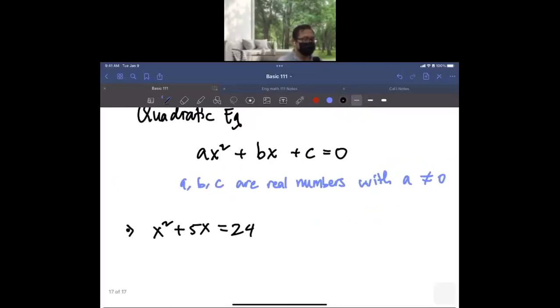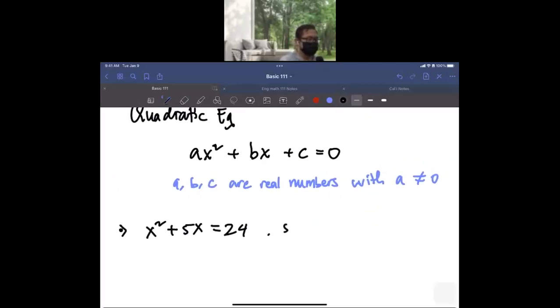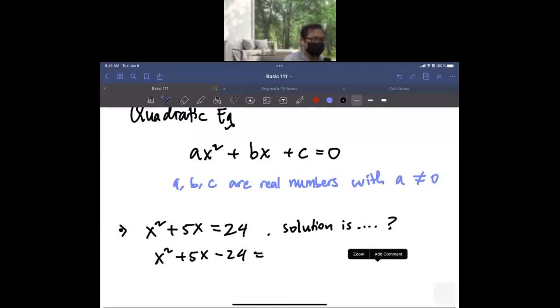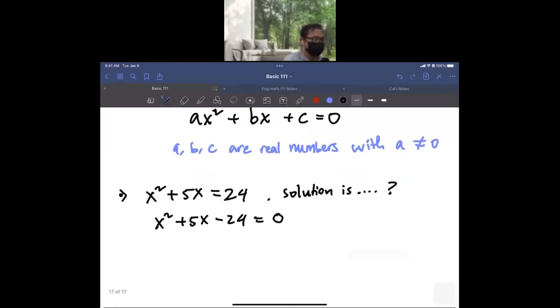Okay, if you want to solve this, let me write the solution. The first thing is we move everything to the left side, and then we factor out as usual. I think it's not too difficult here.